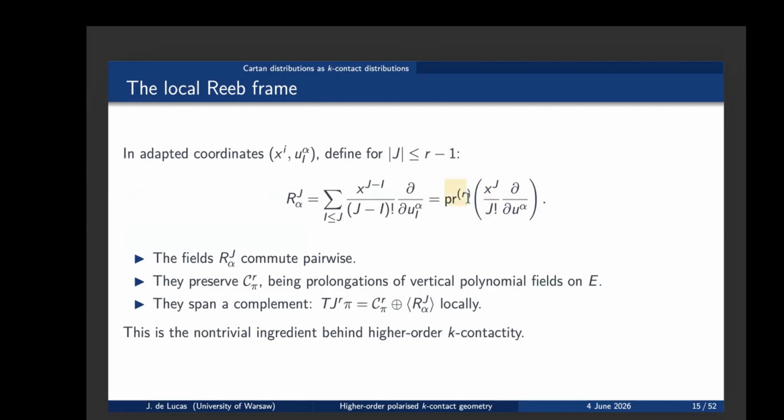These are prolongations, so they leave the Cartan distribution invariant. They are vector fields with coefficients that depend on the base, so they commute between themselves. And the number is exactly the one that gives you the corank of the Cartan distribution. So this is exactly the complement you're looking for the Cartan distribution.